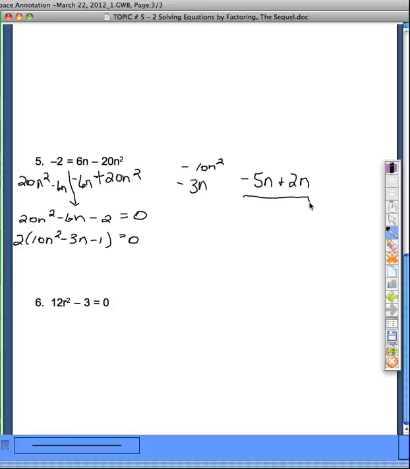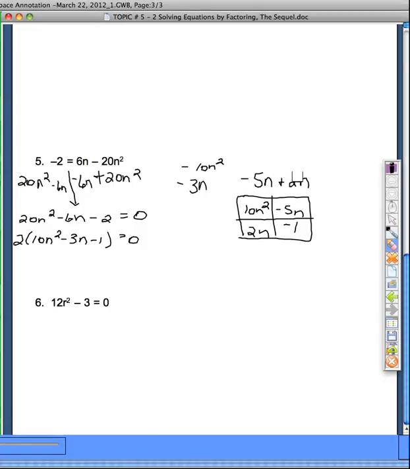So let's set up our solution. We're going to have 10n squared and negative 1, and then we're going to have negative 5n and 2n. And I'm going to erase these just so they're not in the way of writing the factor. I've got them in this box, so we know what they are.